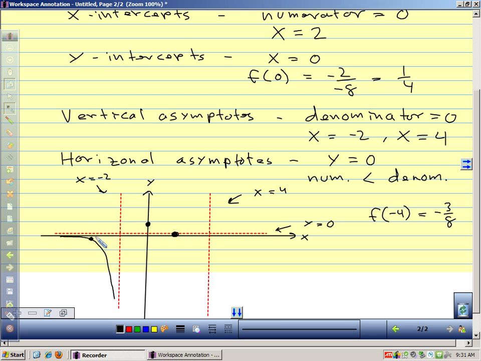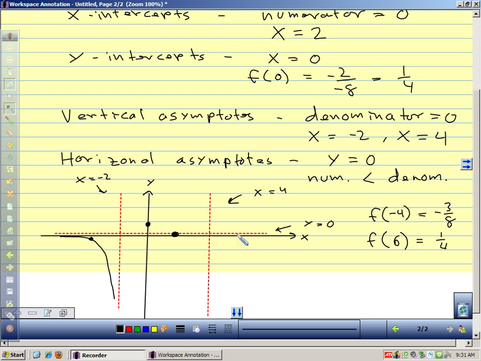Let's look beyond this asymptote. Let's calculate f of, so we're going out this way. Let's calculate f of 6. So if I plug 6 into my function and calculate that all out, I get f of 6 is 1/4.